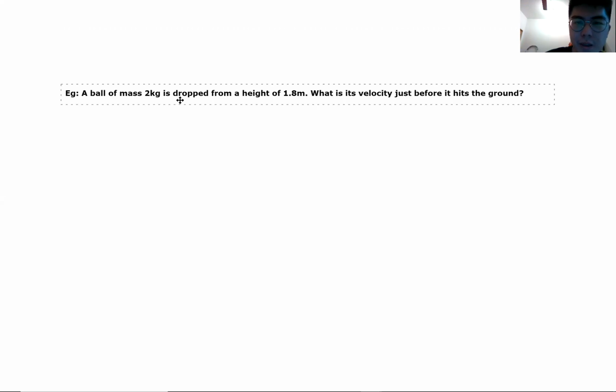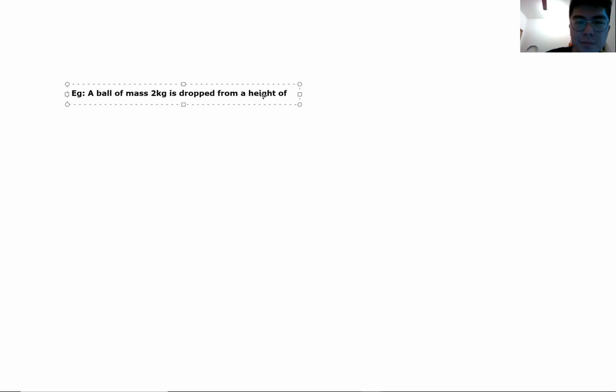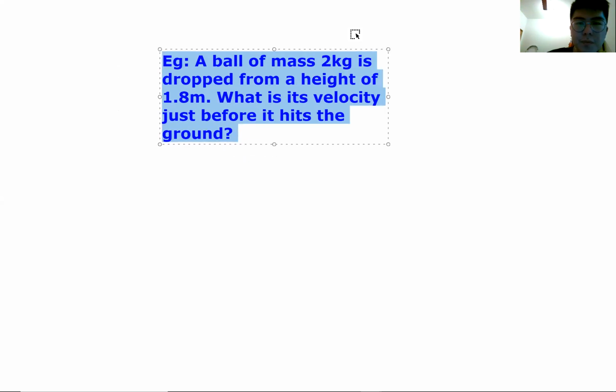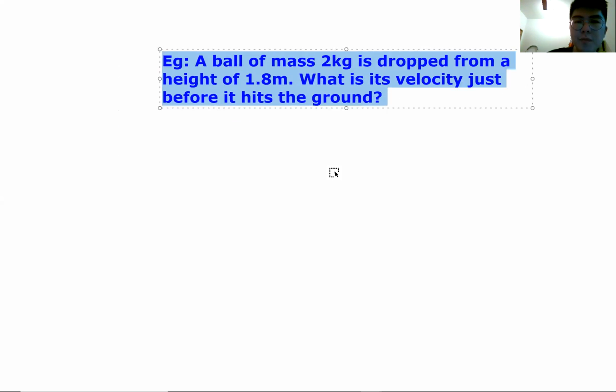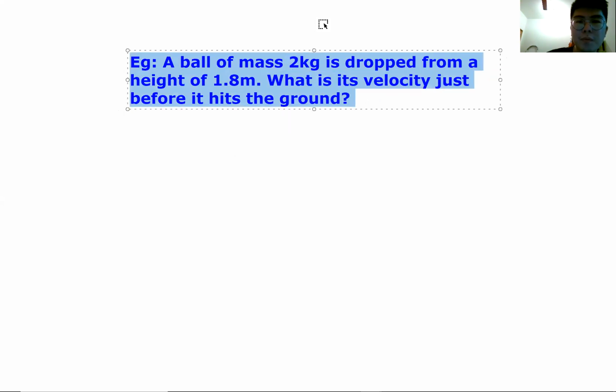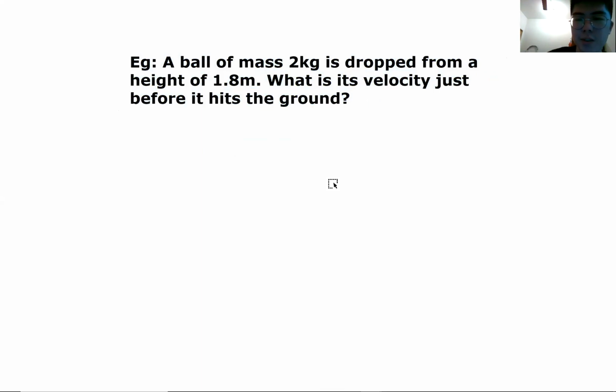Example 1 here, look at here. A ball of mass 2 kg is dropped from a height of 1.8 meters. What is its velocity just before it hits the ground?